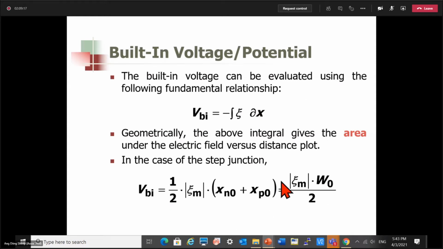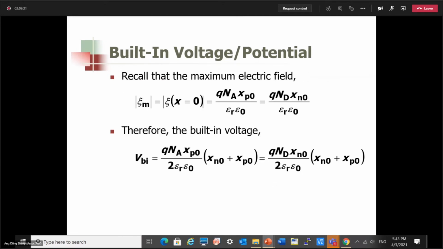Now, even if you do that, however, you still cannot fully solve the problem because w0 is still an unknown, right? xn0, xp0, they themselves are still unknown. So let's see how we can overcome this later on. But at this point, you should recall that the maximum electric field at the metallurgical junction can be expressed like this, right? Well, either as QNA xp0 over permittivity, or as QND xn0 over permittivity.